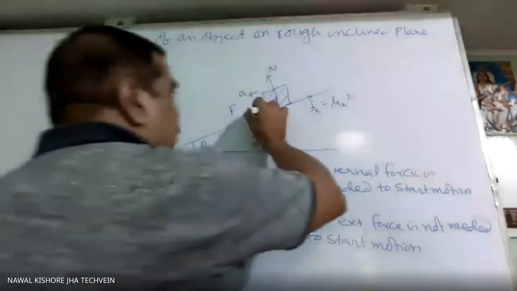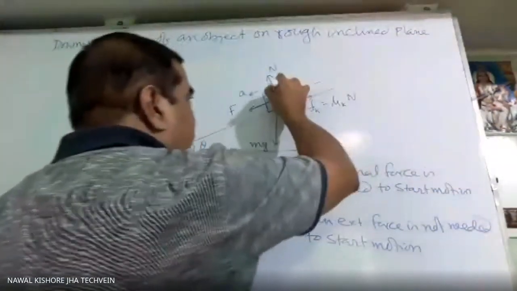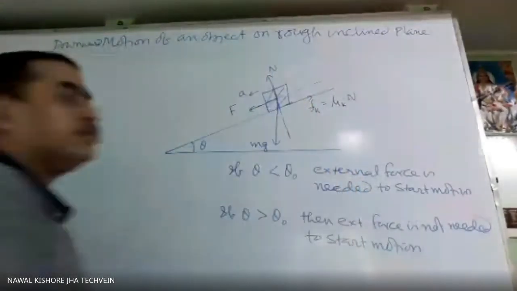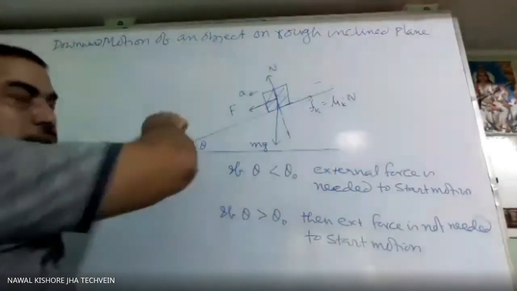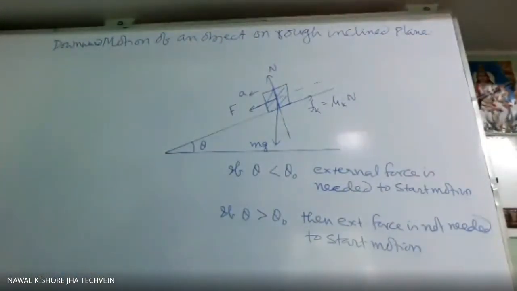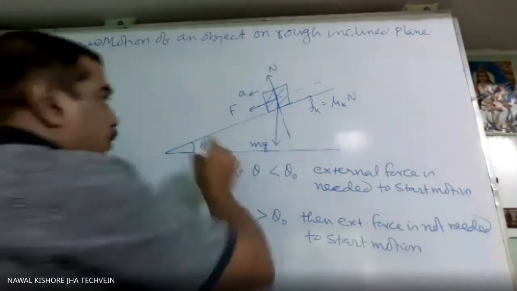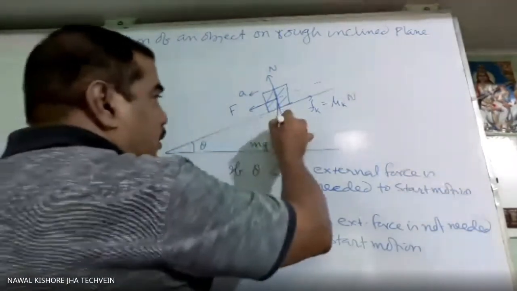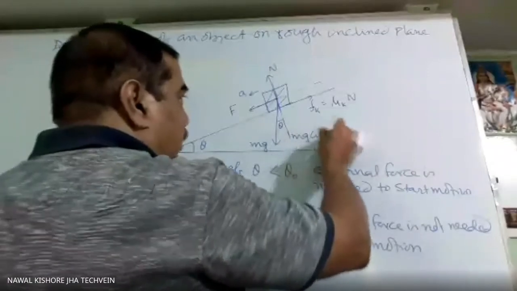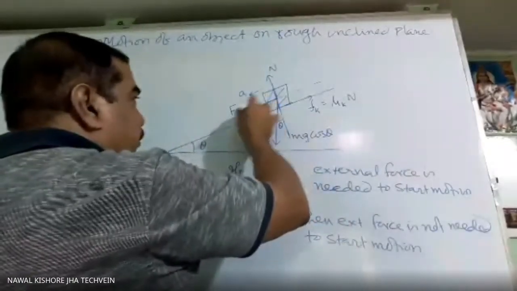So one of the axes will be this one, the other axis will be this one. The acceleration is in this direction, so one axis must be in the direction of acceleration. So if this is theta, naturally this is theta. This will be mg cos theta. This is mg sin theta.